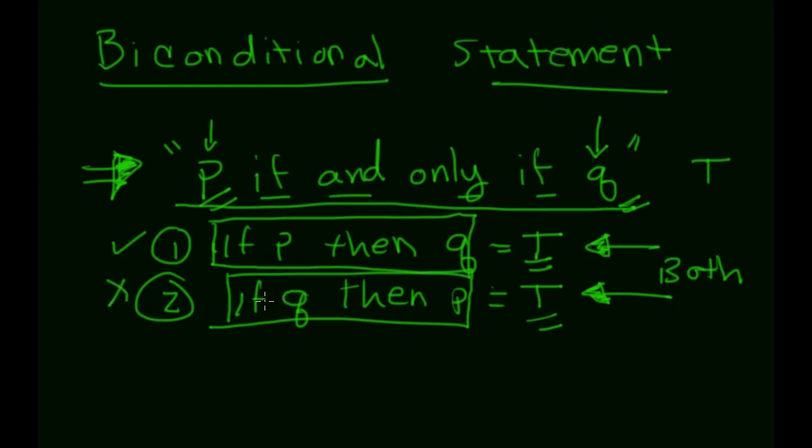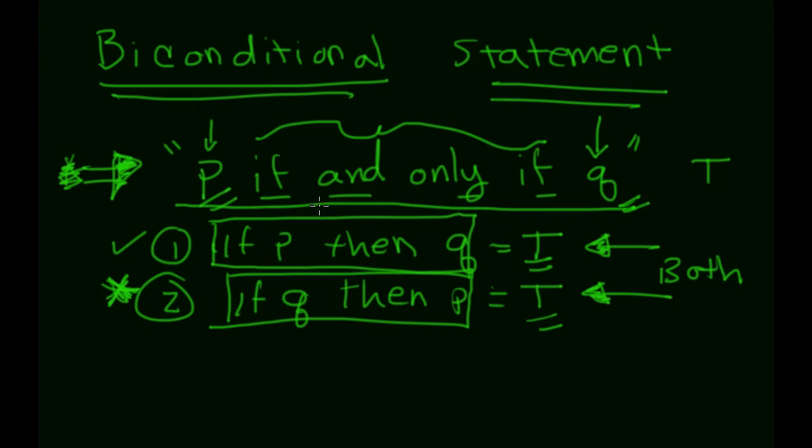But we're no good here. If a person attends an independent private school, then they attend Garrison Forest. No, not true. So since that's not true, the biconditional is not true. So in order for a biconditional statement, an if and only if type statement, to be true, both the conditional and the converse must be true.